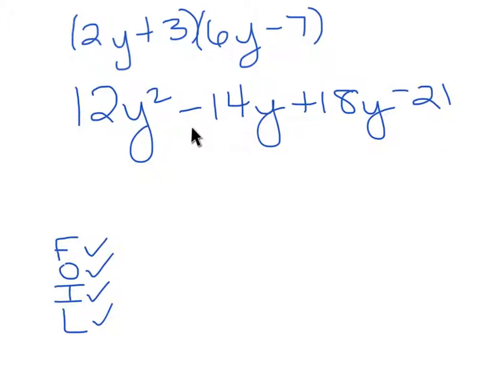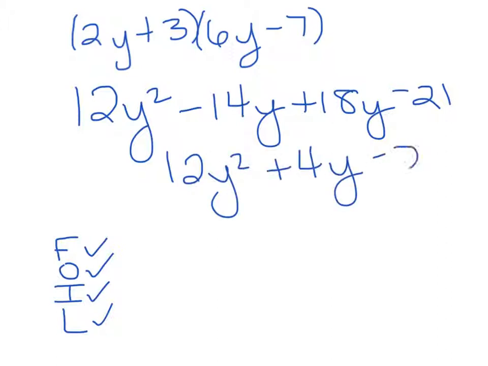So this says negative 14y plus 18y. So a negative 14 plus 18 is going to give us a positive 4. So our answer will simplify to 12y squared plus 4y minus 21. And that will be the final answer for that problem.